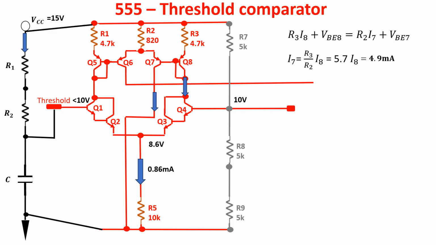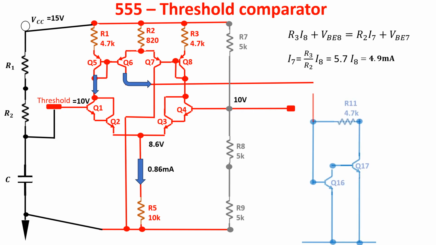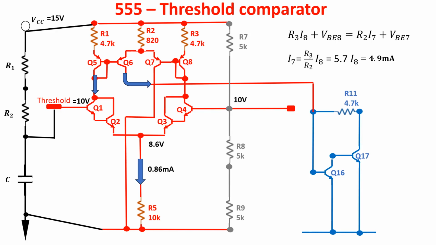So this particular load provides current gain, which we use when the threshold input reaches 10 volts or a little more. In this case, the currents start to increase in the left branches up to 4.9 mA. This current has to be enough to force Q16 into the saturation region. We'll see it better when talking about the flip-flop.